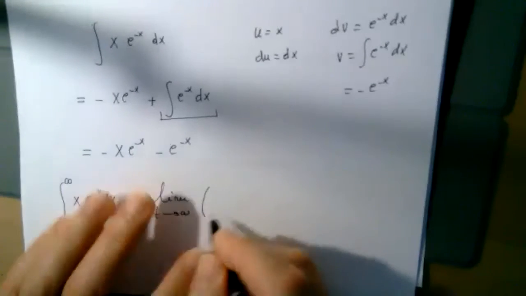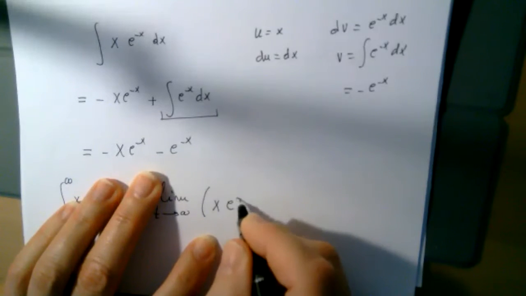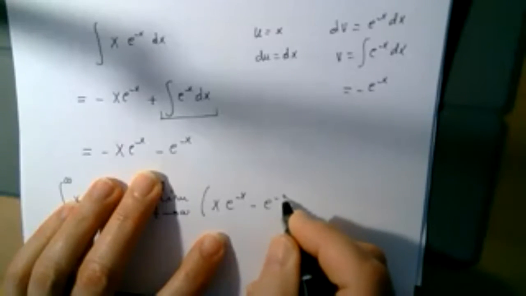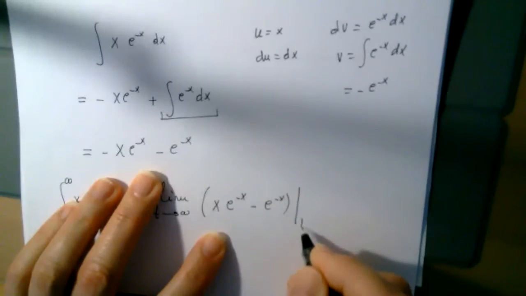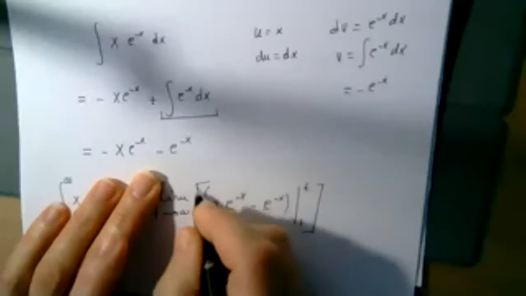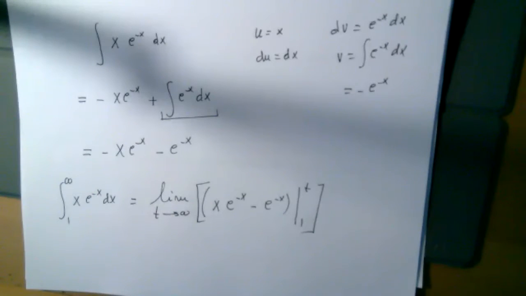So it's the limit of minus x e to the minus x minus e to the minus x evaluated between 1 and t. Questions so far? Sarah? Okay, yeah, fine.